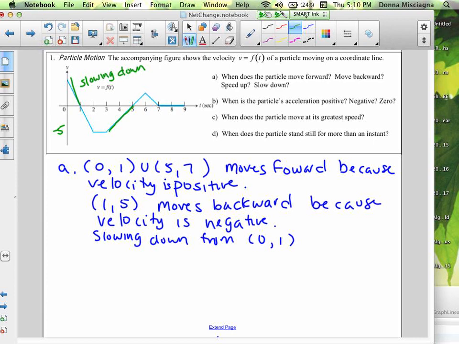So I'm also slowing down there because I'm less negative. I'm moving in a negative direction and my velocity is less. So from 0 to 1, and then from 3 to 5. And then I'm speeding up because anything is faster than 0. And then I'm slowing down here as well, from 6 to 7.